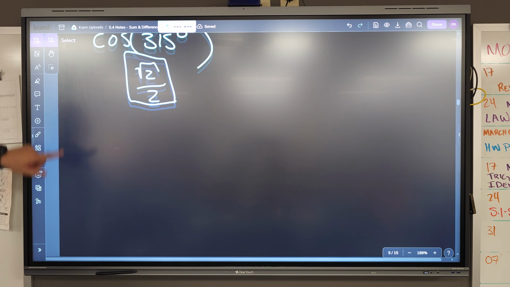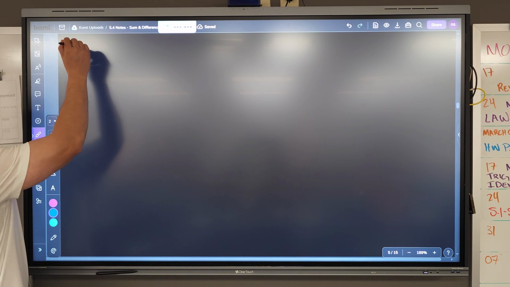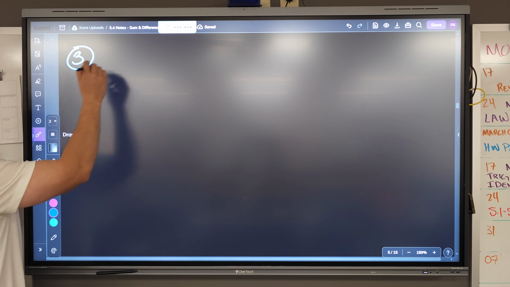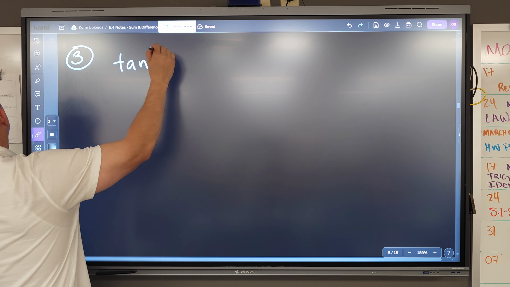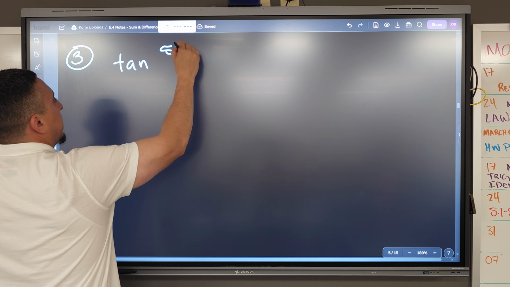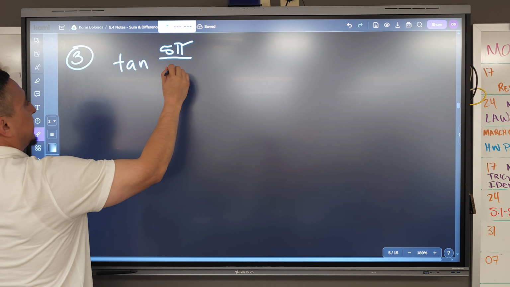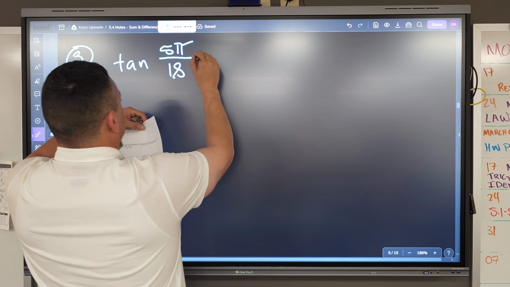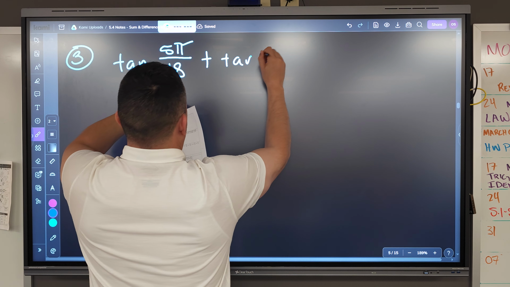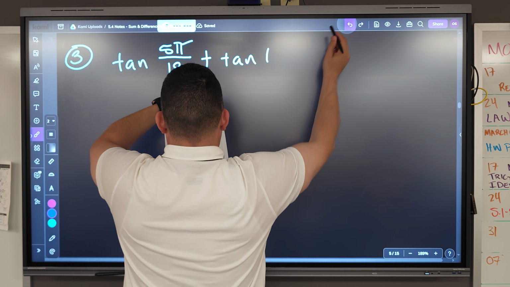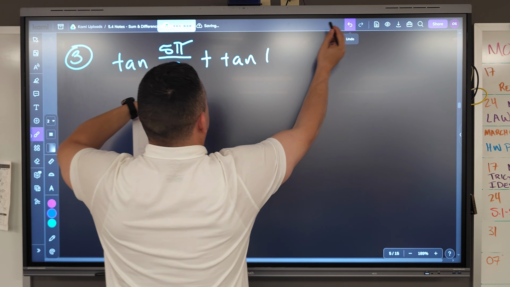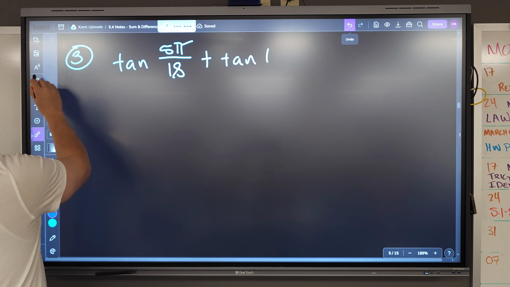Okay, let's do this one together. Number 3. The tangent of 5 pi over 18 plus the tangent of, sorry guys, I got mixed up. Put a minus here.